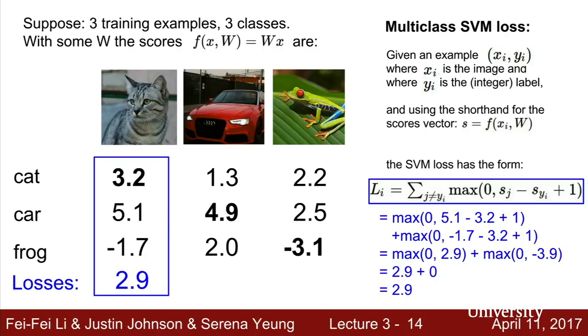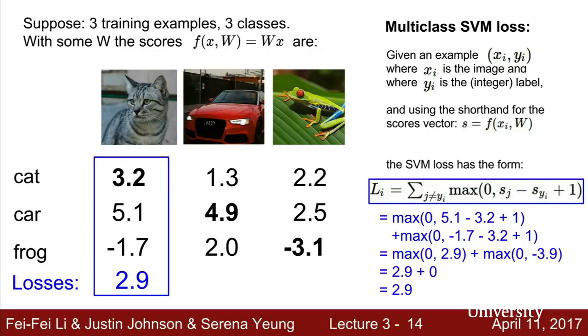For this example, cat is the correct class, so we're going to loop over the car and frog classes. For car, we look at the car score, 5.1, minus the cat score, 3.2, plus 1. When we're comparing cat and car, we expect to incur some loss here because the car score is greater than the cat score, which is bad. So for this one class, for this one example, we'll incur a loss of 2.9.